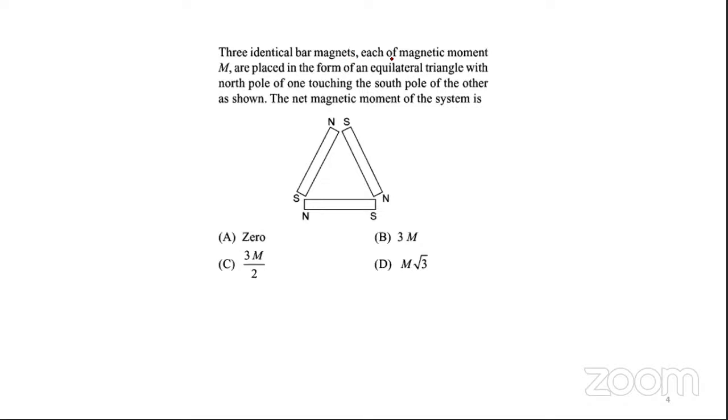Three identical bar magnets, each of magnetic moment m, are placed in the form of an equilateral triangle with the north pole of one touching the south pole of the other. The net magnetic moment is.